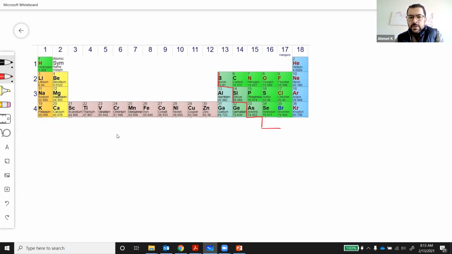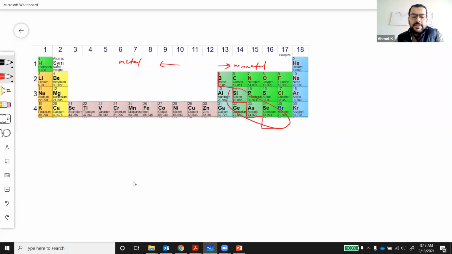If you are on the right side of this stairway, you are a non-metal, and if you are on the left side, you are a metal. Right here, this is the metalloid stairway. If you are silicon, germanium or arsenic, you are a metalloid.